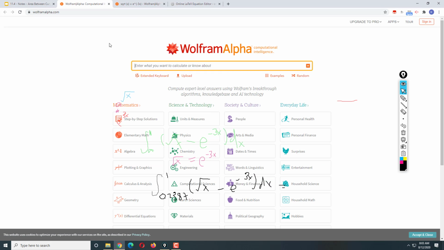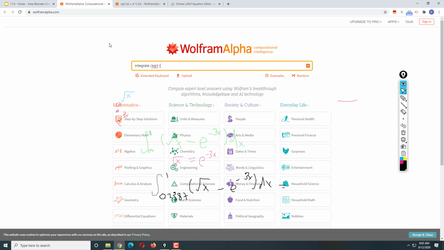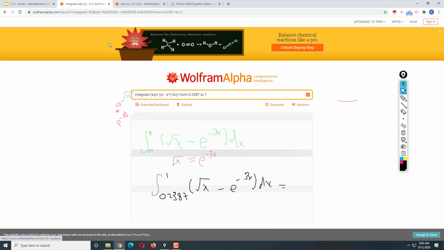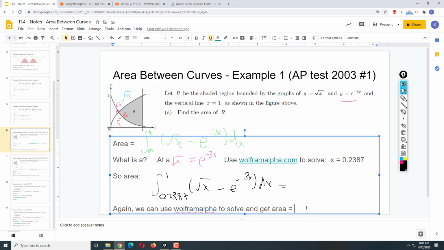What we're really concerned about is knowing how to set up the integral. So we're integrating square root of x minus e to the negative 3x from 0.2387 to 1. And the calculator gives us 0.4426. Okay. And that's the area between the curves.